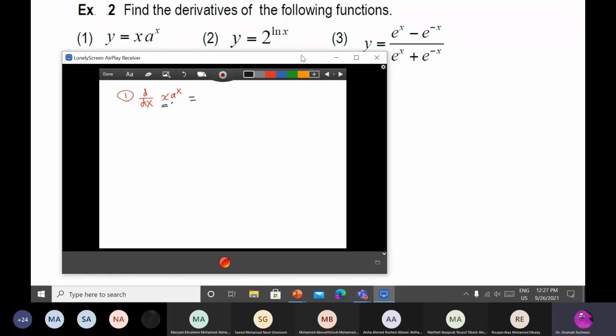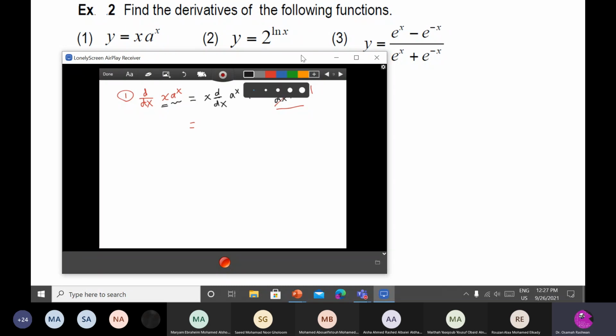So this is the first one and this is the second one. So x times the derivative of the second one, plus, yes, the second one times the derivative of the first one, sorry. Now, this is 1 because this is dx by dx.